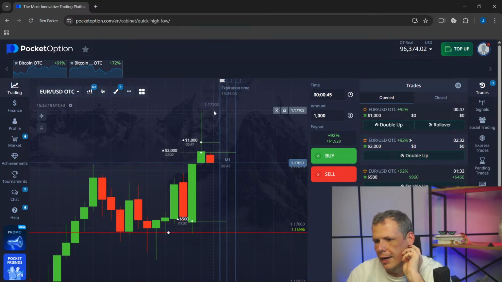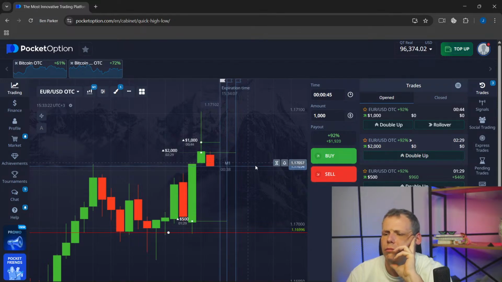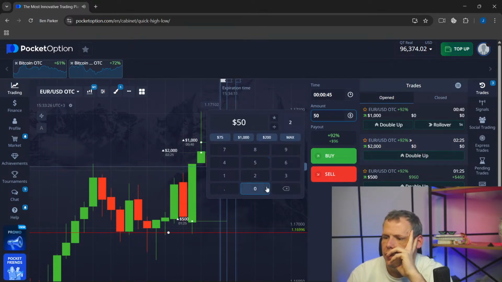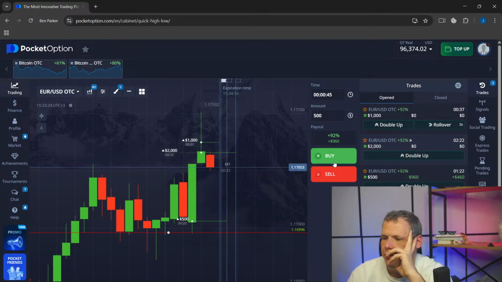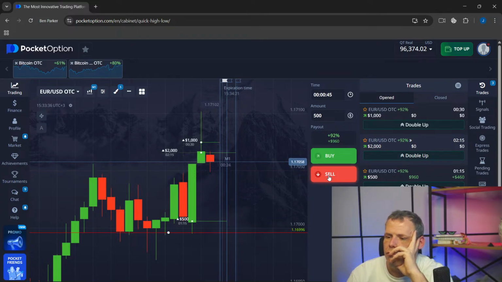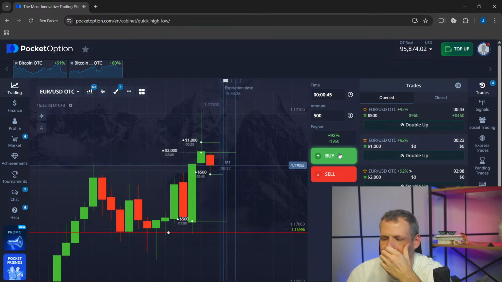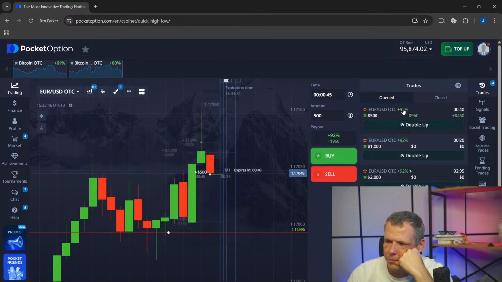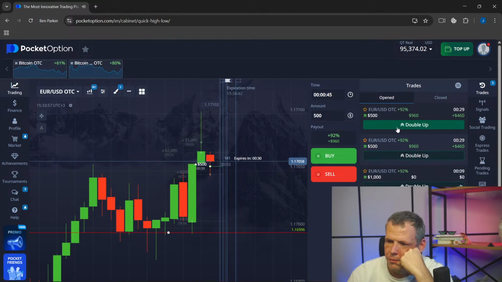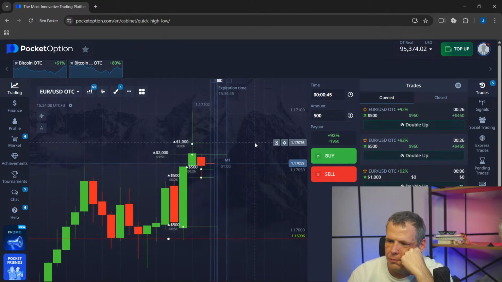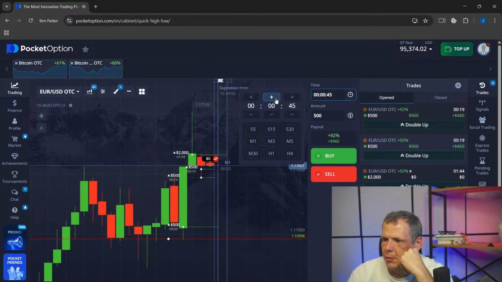Huge rejection coming up, but the power's there. See, $500 is always like where we go that we kind of like make some cash. Still in the uptrend. We just probably need more time.